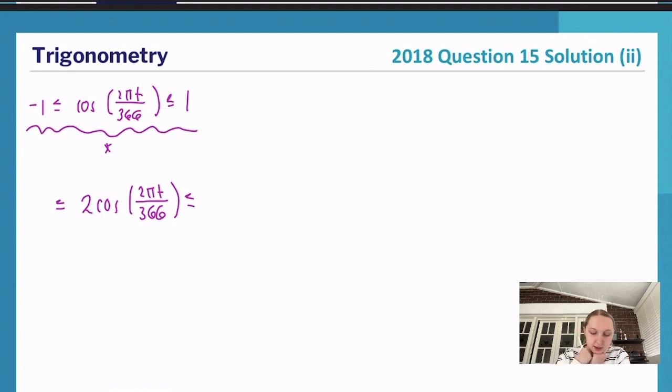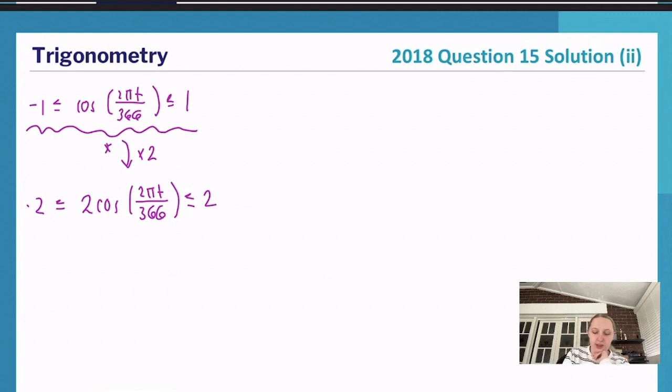And what we've done to the middle is times it by 2, right? To get from here to here, we've times it by 2. So we're going to do the exact same thing to either side. And we're going to get -2 to 2. Right? So that's thinking about our amplitude.